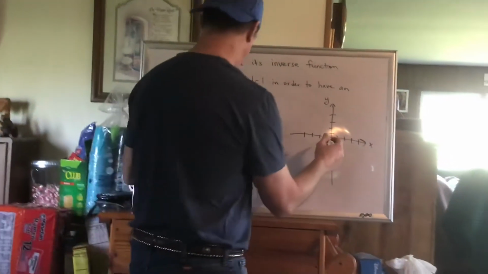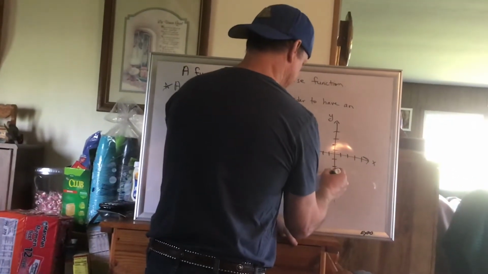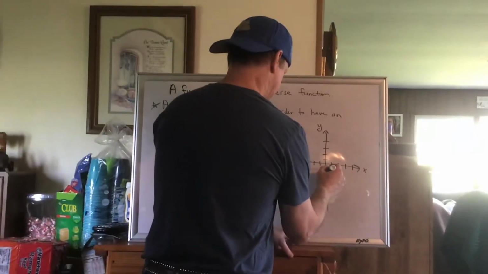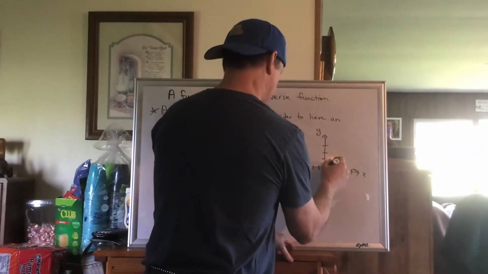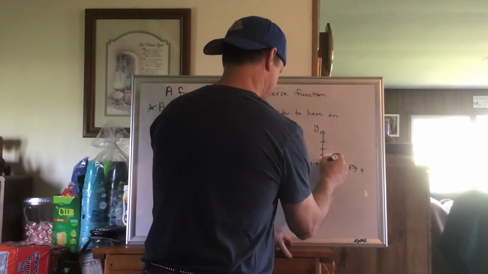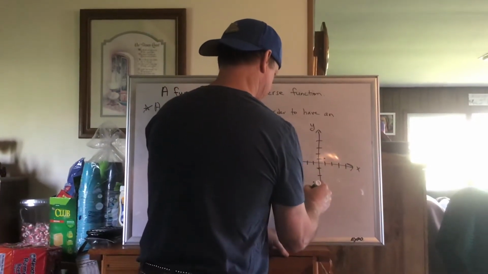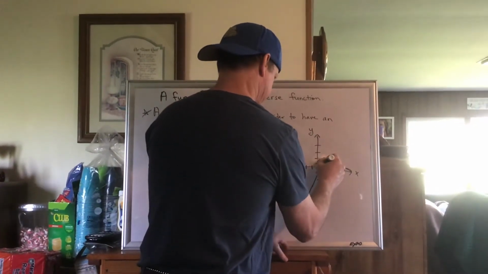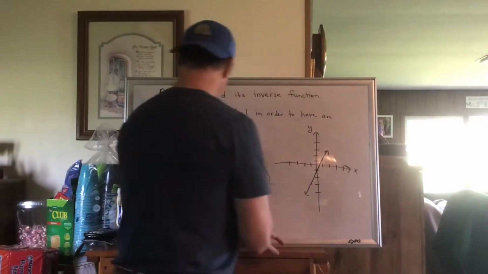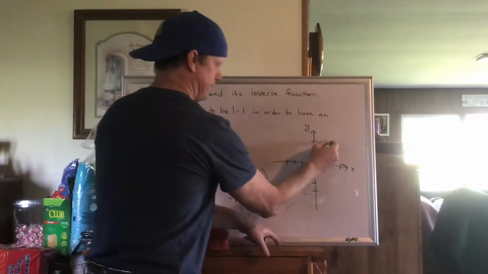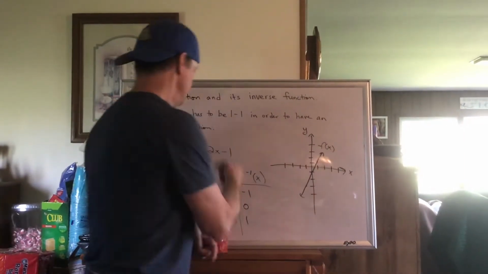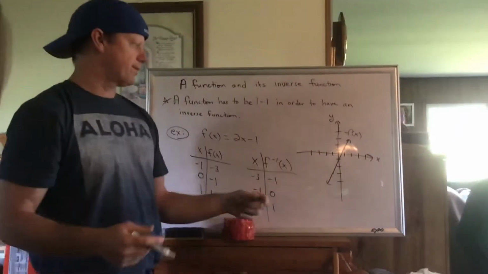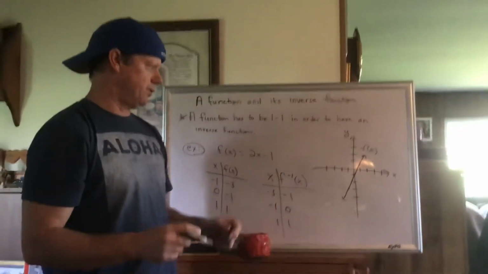So if we plot that, (-1, -3), (0, -1), and (1, 1), this function is linear. It's in slope-intercept form. Anyways, that's what that looks like.